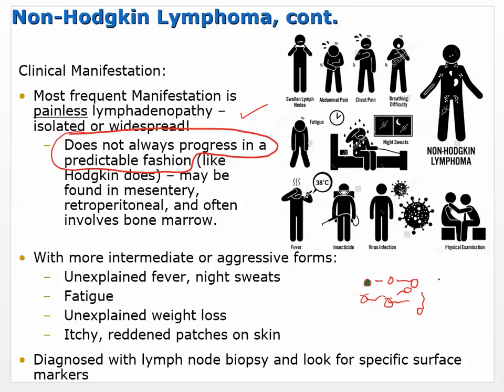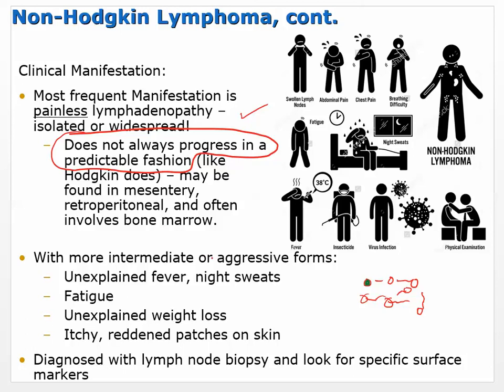So you don't see that very predictable spreading, which is one of the problems actually, because with Hodgkin, you kind of know that if you found it here, then you can sort of follow its trail, and it might be easier to remove. But with non-Hodgkin, you don't have that guarantee.